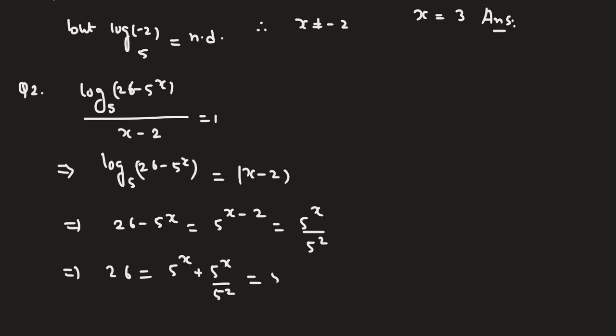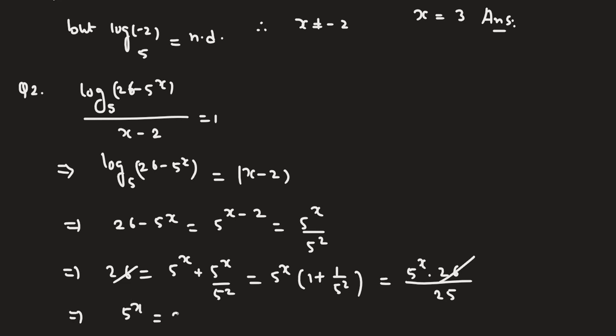If you take 5 power x outside, it will be 1 plus 1 by 5 square. So 5 square plus 1, that is 25 plus 1, 26. So it is 5 power x into 26 by 25. So 26 and this 26 cancel out. So what we have, 5 power x equal to 25, and 25 can be written as 5 square. So from here we get x equal to 2.